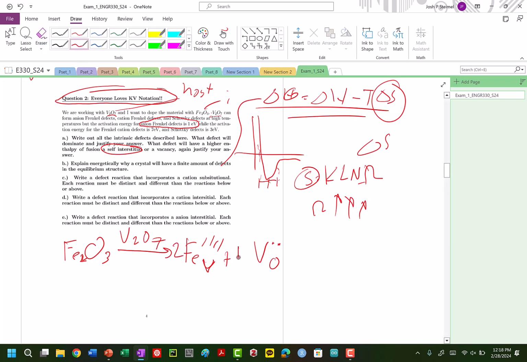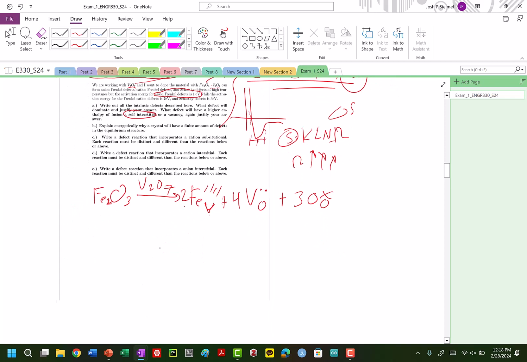So now I need 4 of this. So that's good so far. What else do I need? So now I'm balanced, right? -8. This is +8. This is -4 times 2. Fe2, now I need 3 oxygens. What about my subscript? V2O7, we're good to go.